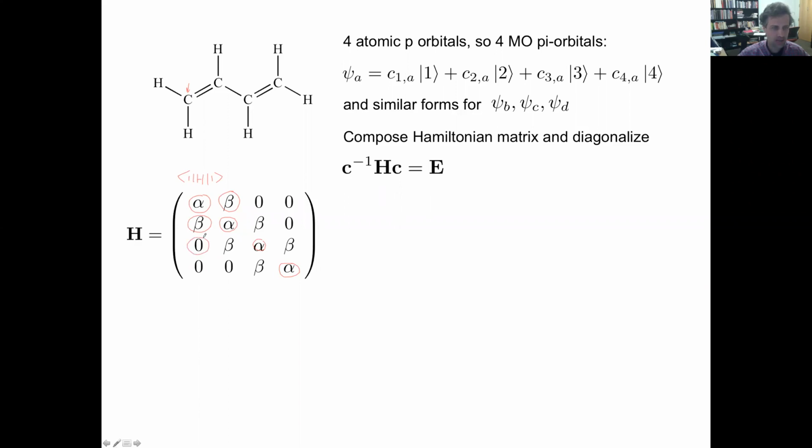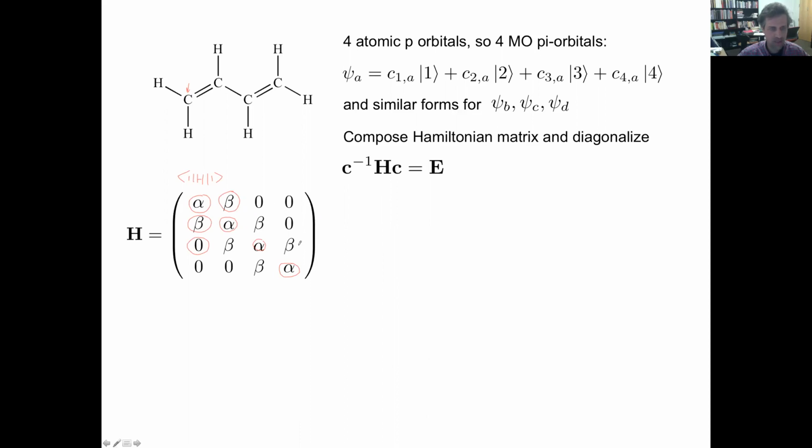Why is that? Because this one would be the overlap with the Hamiltonian sandwiched between the first one and the third one. But we just concluded in the Huckel approximation that we only consider nearest neighbors. So we only consider 1 and 2, but not 1 and 3. That's why there's a bunch of zeros that are farther away than 1 step from the atom, and that means these are not nearest neighbors.